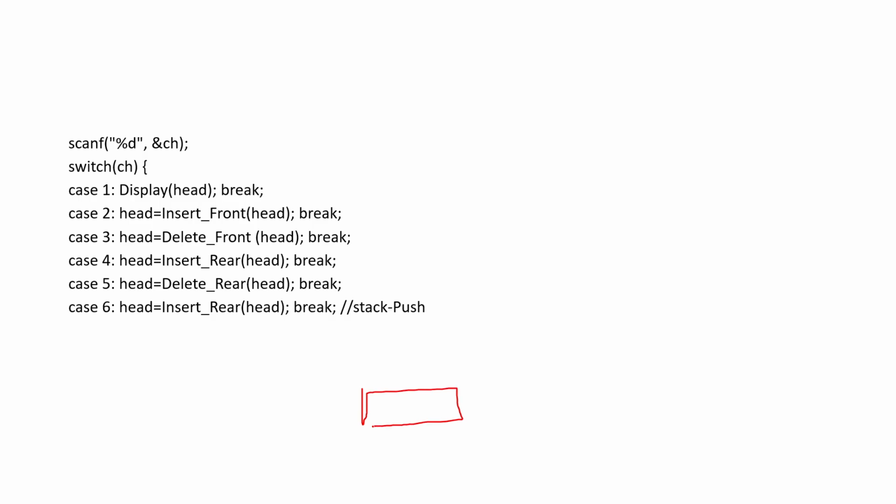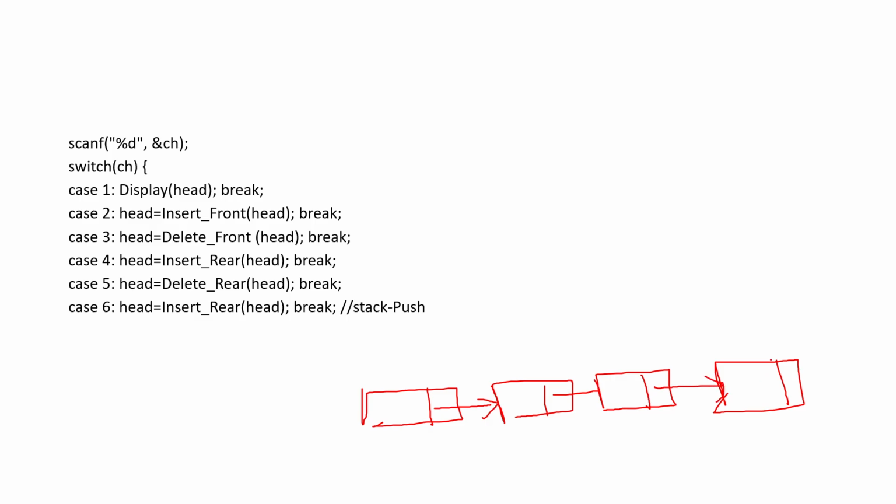If this is a linked list, 1, 2, 3, the number of nodes in the linked list is 3. Now, it is a push operation. That new element will come on to the top of that. Top is the rear side. So this rear insertion has to be called. This is for the push operation.